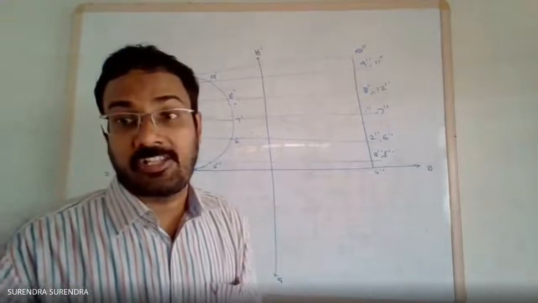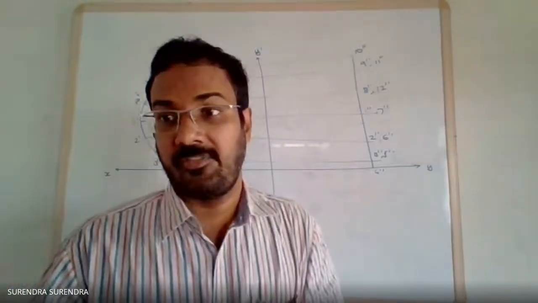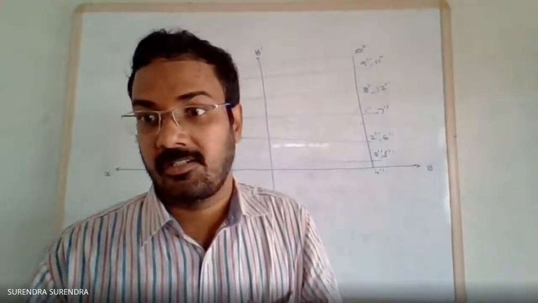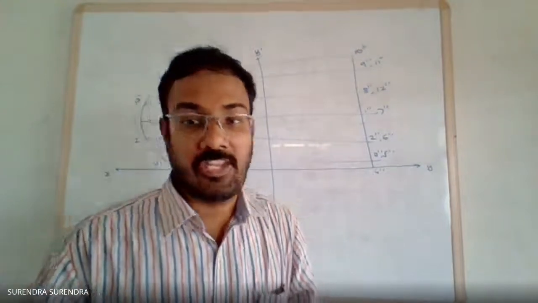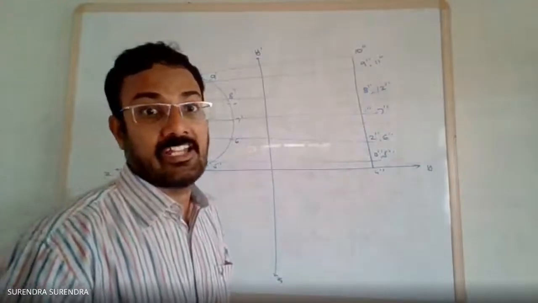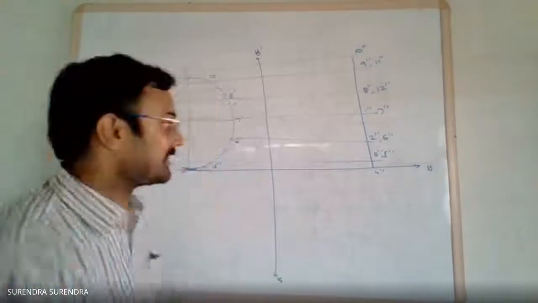The horizontal plane inclination is given as 30 degrees to the HP. So redraw this line with 30 degrees inclination.